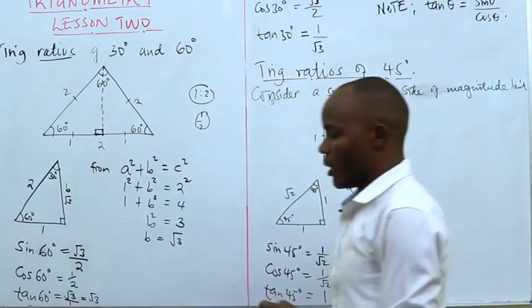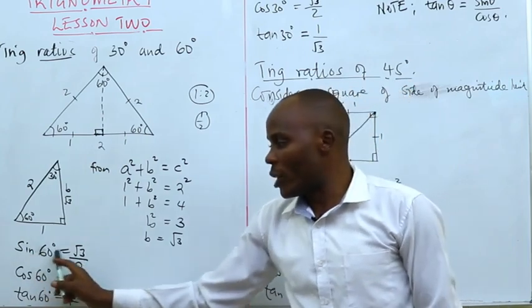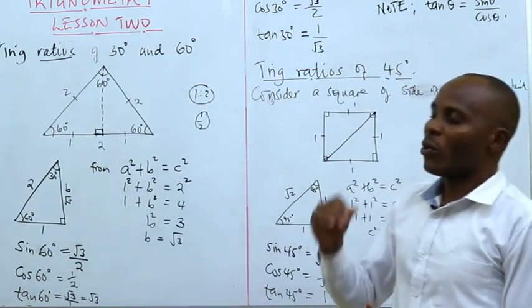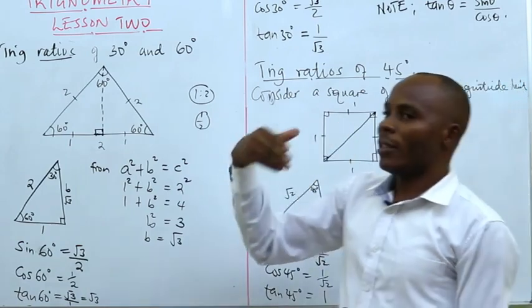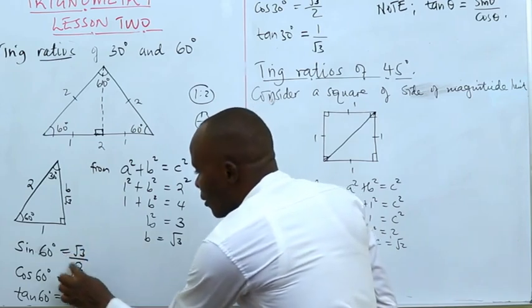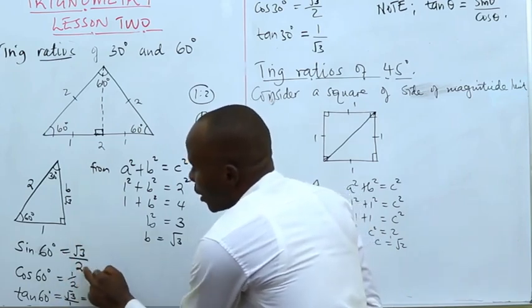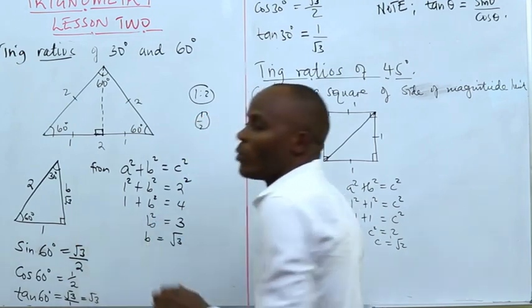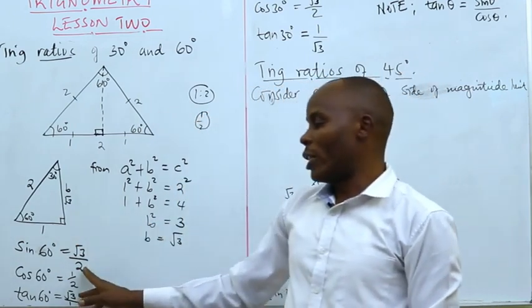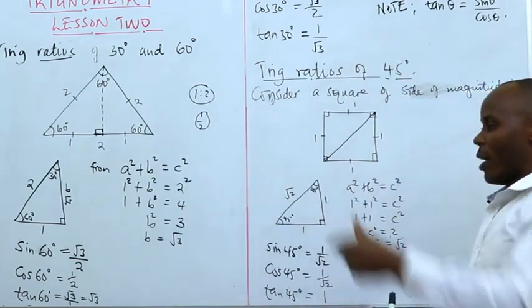From your calculators, for instance, if you press sine 60 degrees, the calculator will give you 0.866 and so on. If you get root 3 on your calculator and you divide it by 2, you will still get 0.866 and so on.